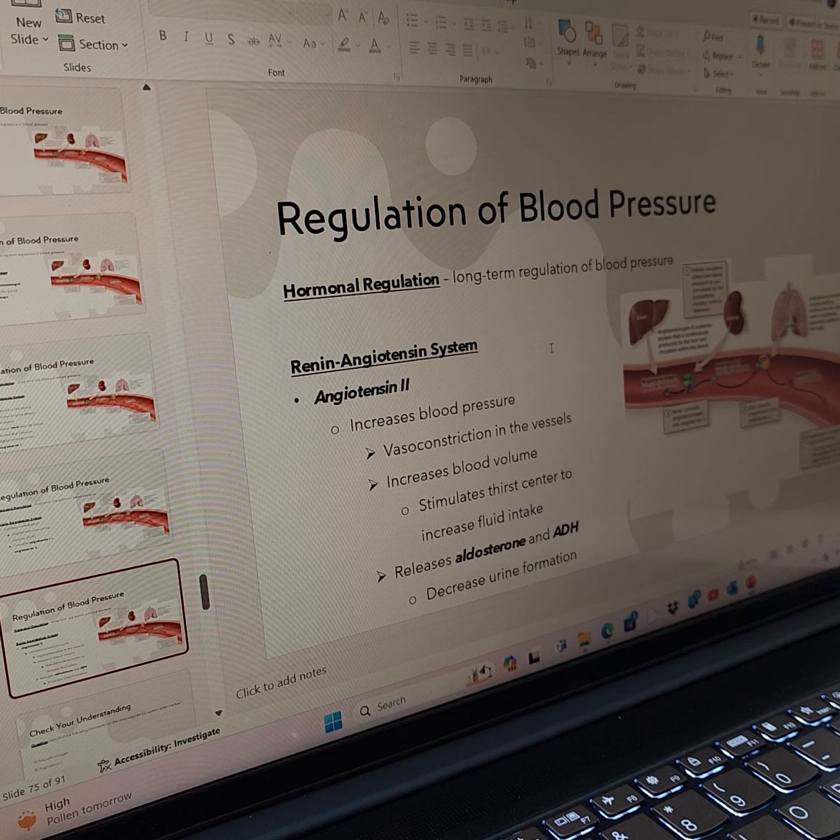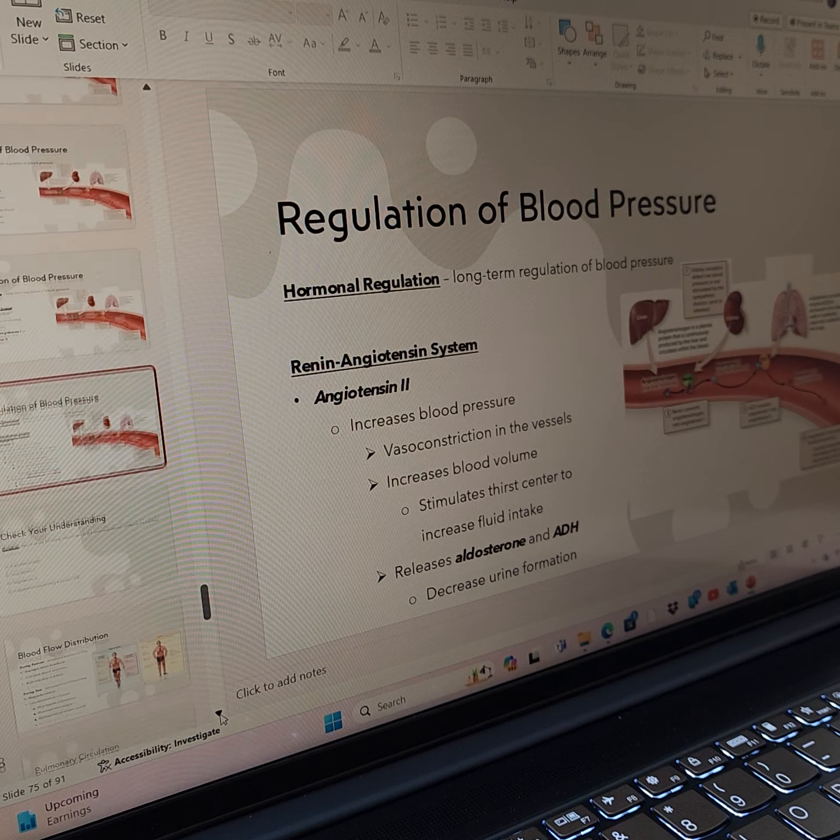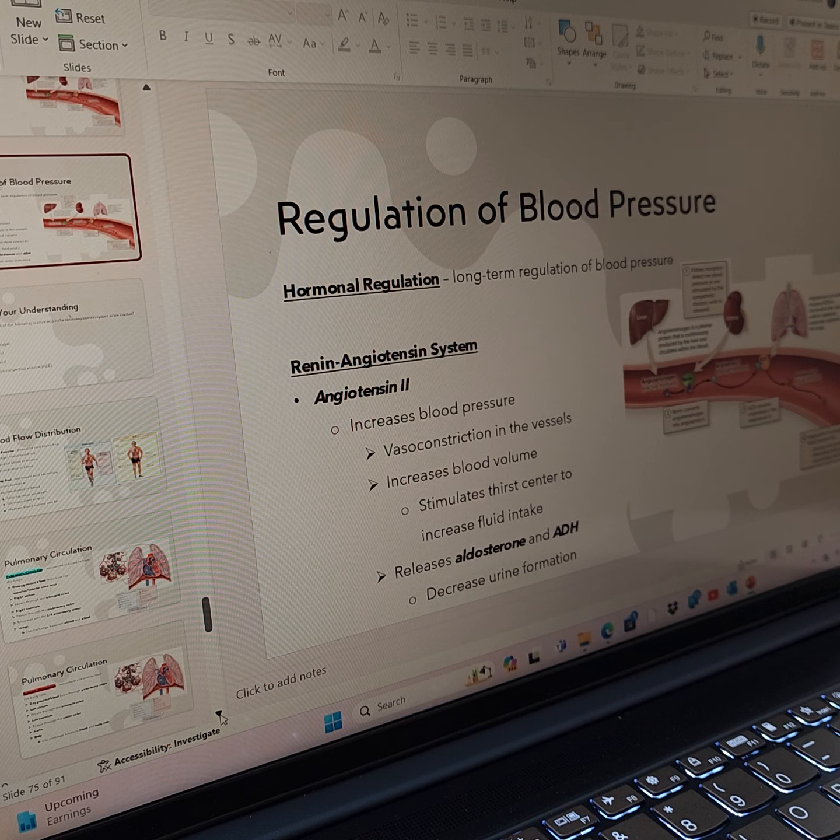So angiotensin 2 increases blood pressure, causing vasoconstriction in the vessels. This increases blood volume. It stimulates the thirst center to increase fluid intake. And it releases aldosterone and ADH, which decreases urine formation.